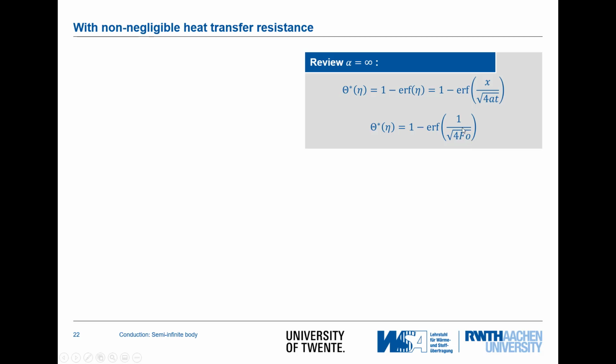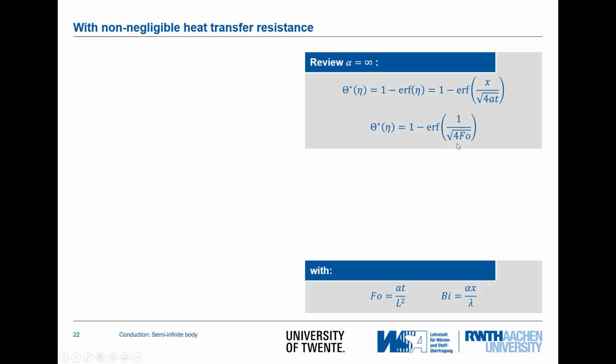So we can express this also in the dimensionless Fourier number, with the Fourier number equal to a times t divided by a coordinate or length scale L square. And one other dimensionless number that describes our problem here is, of course, a Biot number, because we have two resistances. One is the outside convective resistance and the other is the resistance of the material with the thermal conductivity.